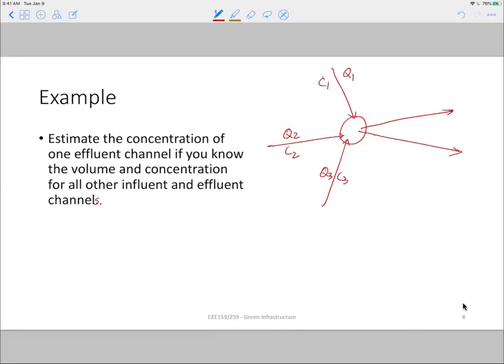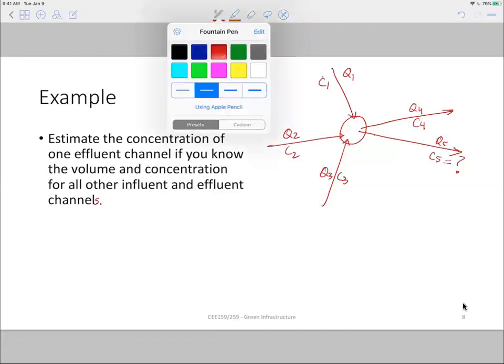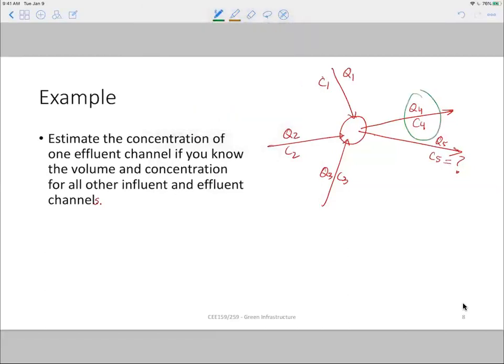Think of it as a pipe mix. So this will be Q4, C4, Q5, C5. If I ask you what is the concentration of C5, and if I gave you everything else, these are all given. Green means given. The only thing that's not given is the right one. Then how do you calculate that?